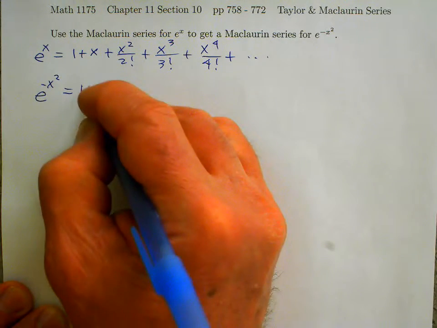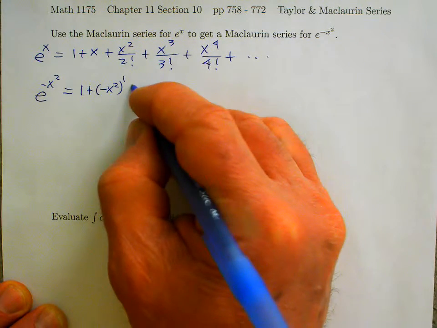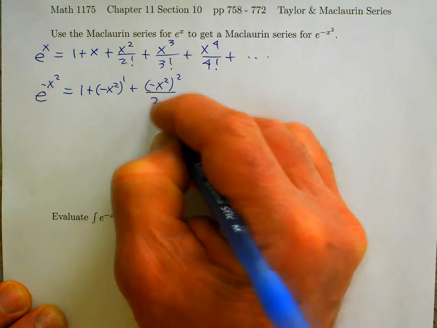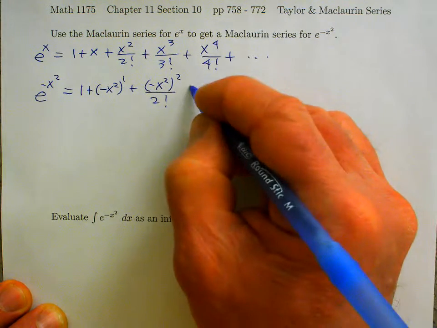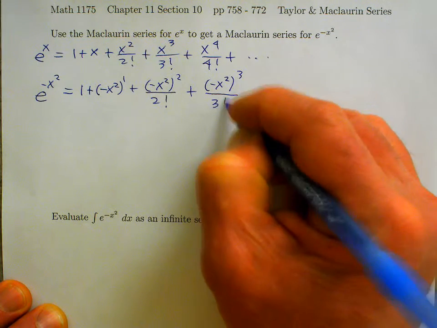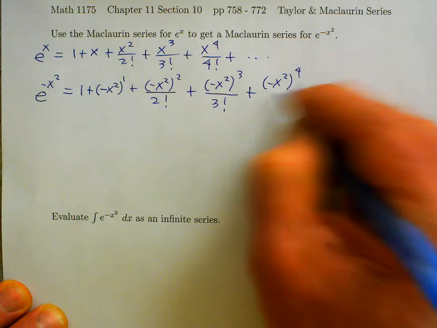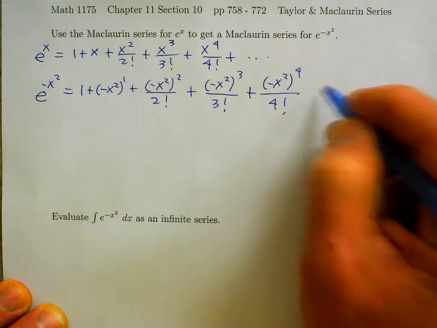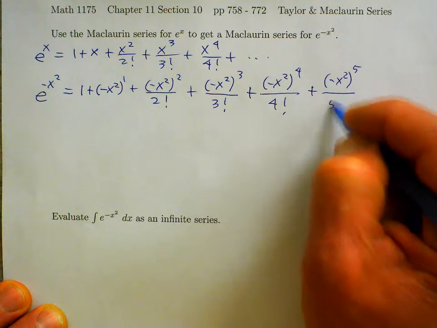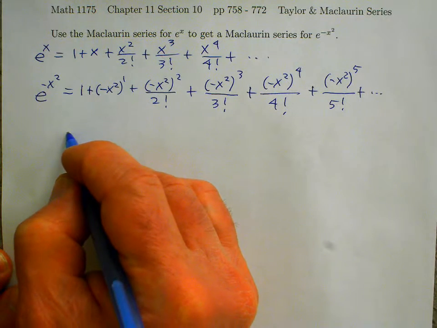So we get 1 plus negative x squared to the first, plus negative x squared to the second over 2 factorial, and so on. Okay, we'll simplify a little bit more.